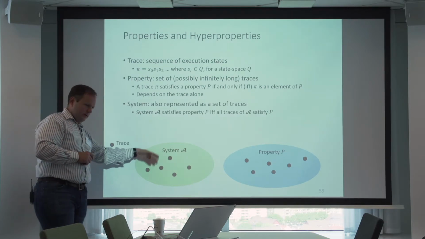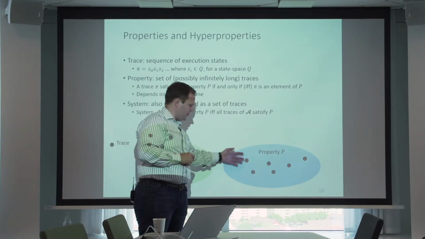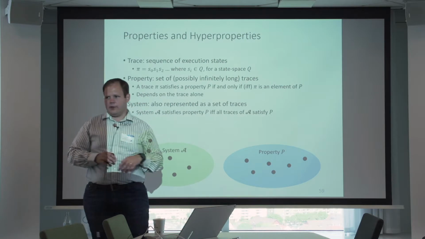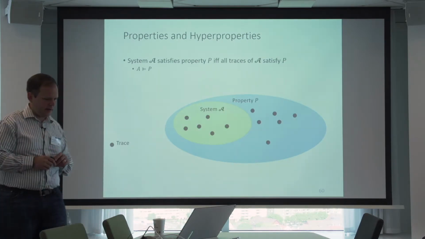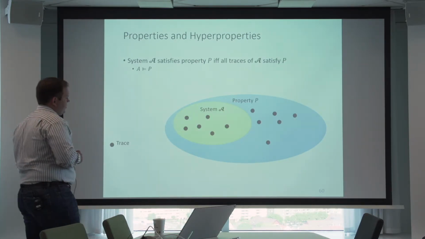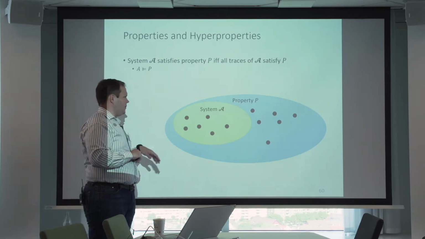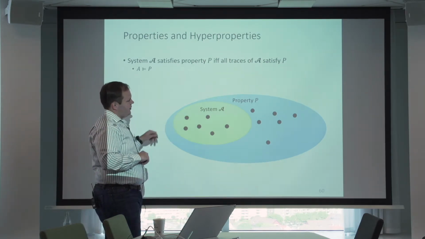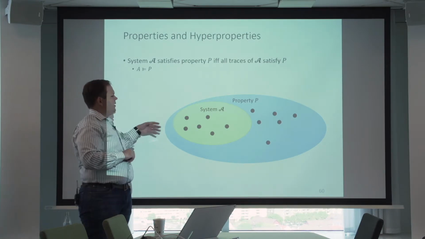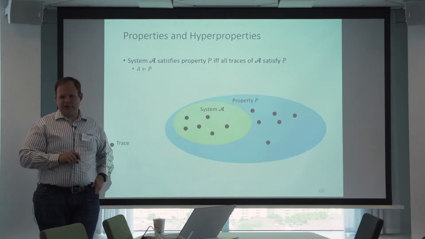We can come up with what the set would be with something like model checking, and then what are all of those traces that the property would satisfy. I can say that a system satisfies some property P if and only if all of the traces of the system satisfy P. Essentially that means it's a subset of this.